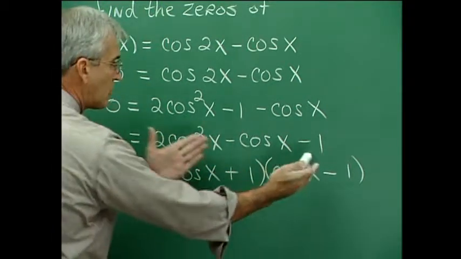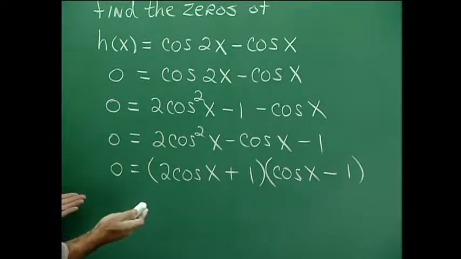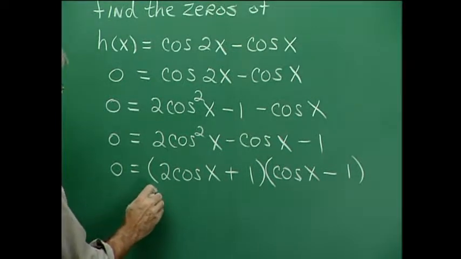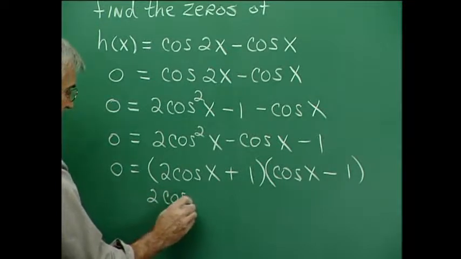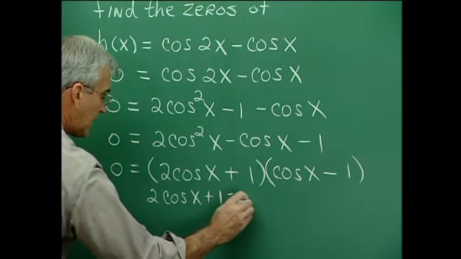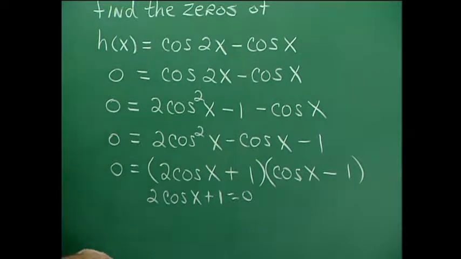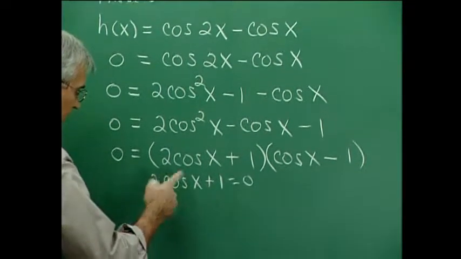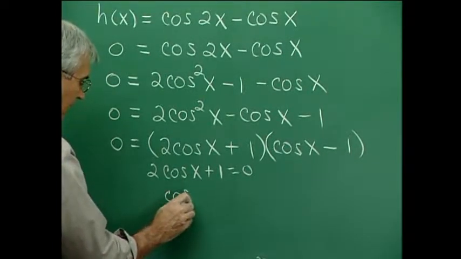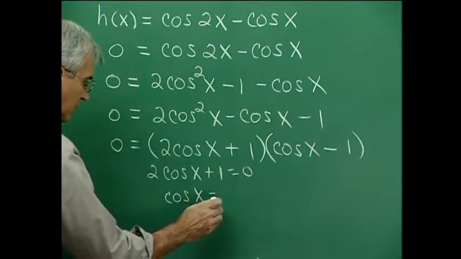Now we want the zeros of the 2 factors, so we set them equal to 0 and solve them. That is, we're asking ourselves what value of x will cause 2 cosine x plus 1 to be equal to 0. And we go through that little process. Now recall that we'll kick the 1 to the other side and divide by 2. I'm running out of room at the bottom of the board here, so I'm going to consolidate 2 steps.